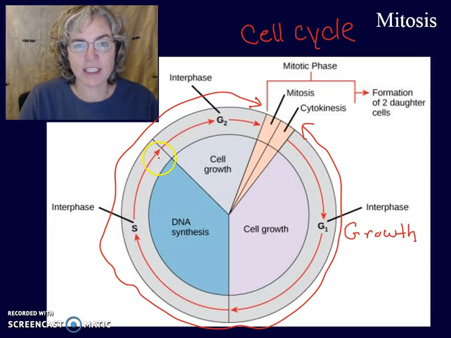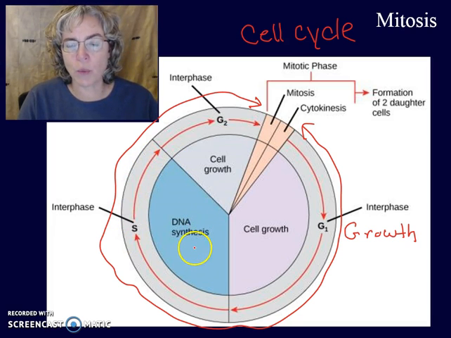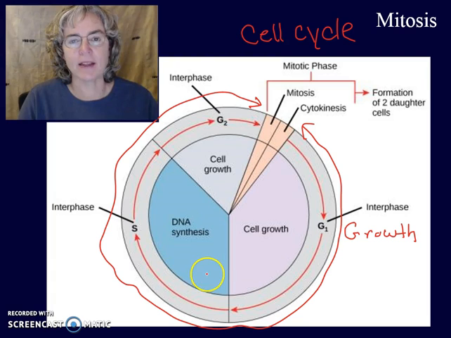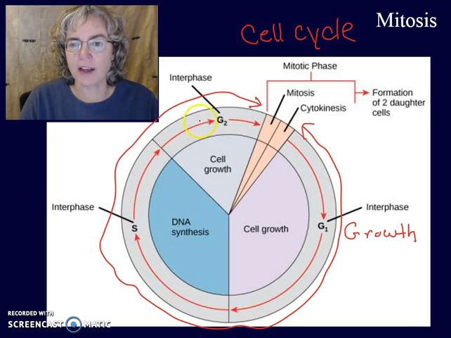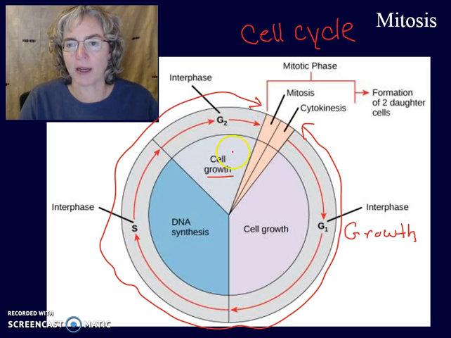This is called S phase, and this is when the DNA is replicated, so that the cell can have the same amount of DNA in each of the daughter cells. And then this phase of interphase, G2, is also considered a growth phase. So growth is also happening here.